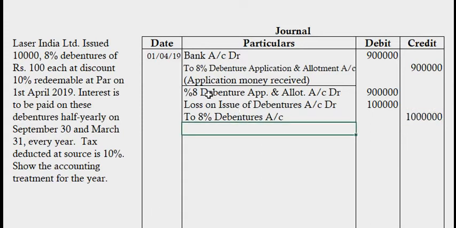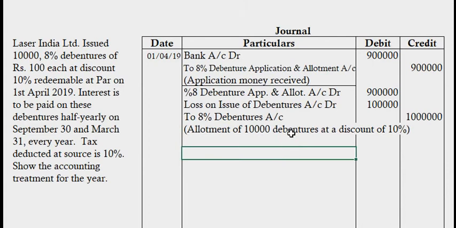Now we allotted this debenture to the debenture account, just like we transfer share application money to the share capital. So the narration is: allotment of 10,000 debentures at a discount of 10%.